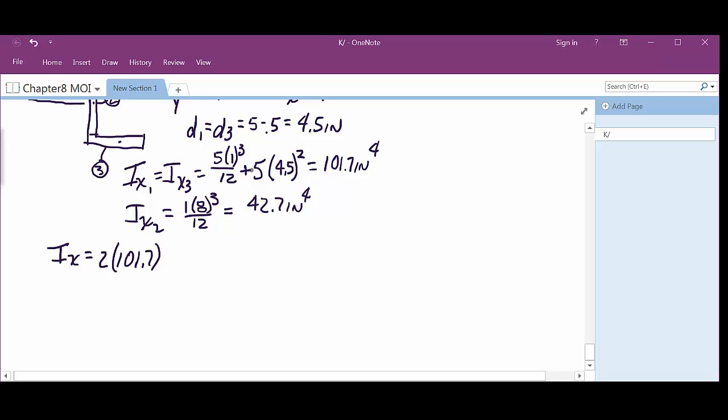But this was just for one, right? And then you had to multiply it by 2. No, I was forgetting to do that. Plus, yeah, you don't want to forget to do that on the test. The other one for the x2 was 42.7. So you should end up with something like 246 inches to the fourth.